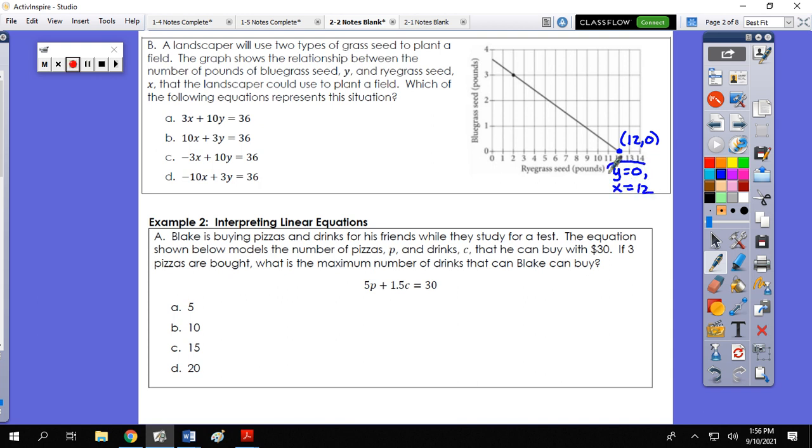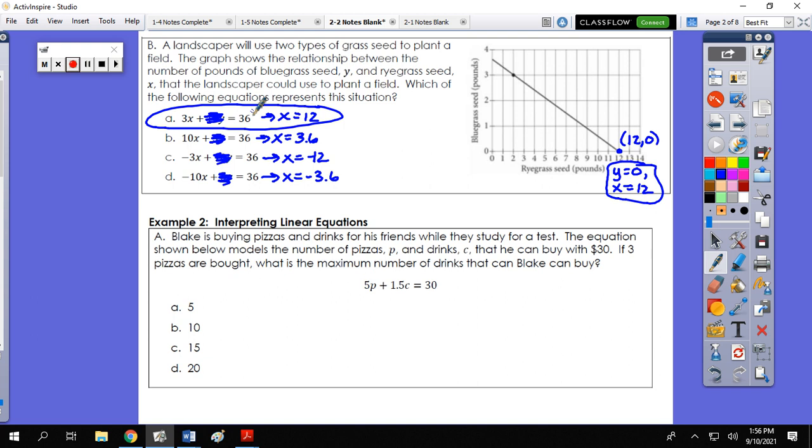So by using this fact, we can eliminate some of our answers. If y equals 0, the y term would drop out of the equation. Notice that this would yield x equals 12, x equals 3.6, x equals negative 12, and x equals negative 3.6. We just said over there that when y is 0, x has to be 12. That means the correct answer is A.